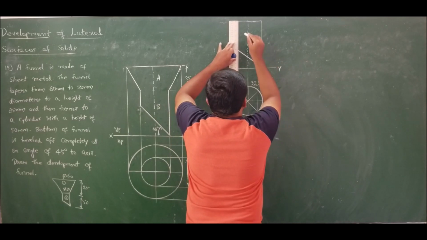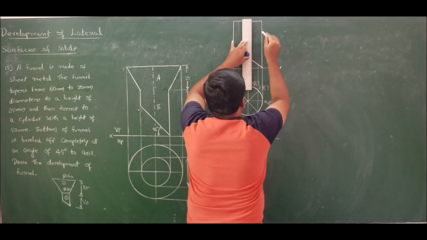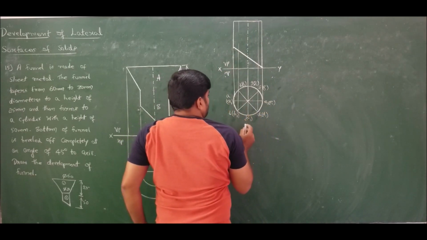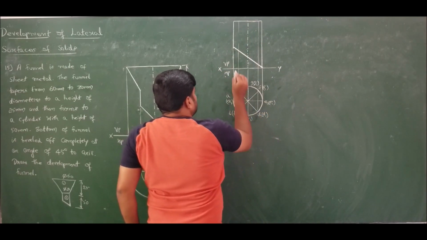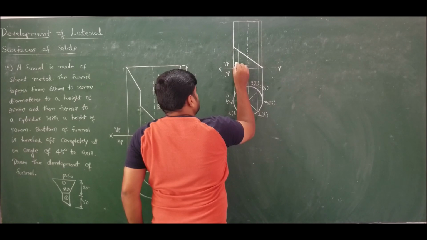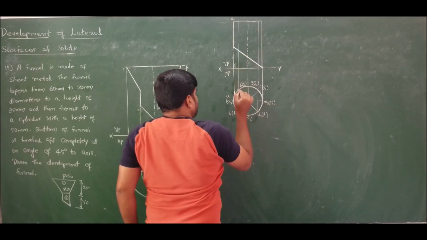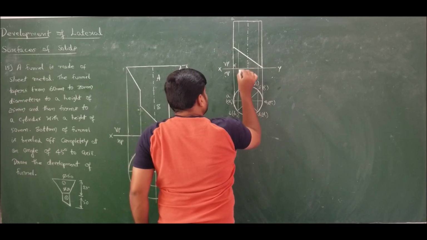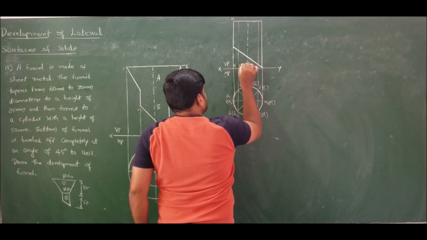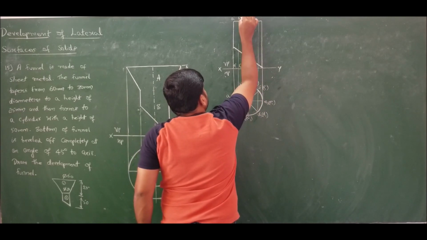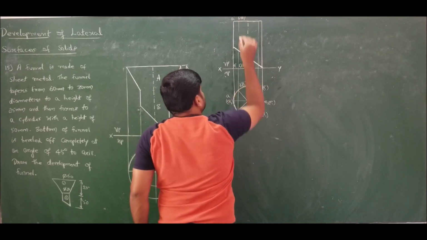Now if I project further, I will get projections like this. Looking from here, A1 dash is visible. Here I will get A dash. Here I will get B1 dash, H1 dash. Here I will get B dash, H dash.